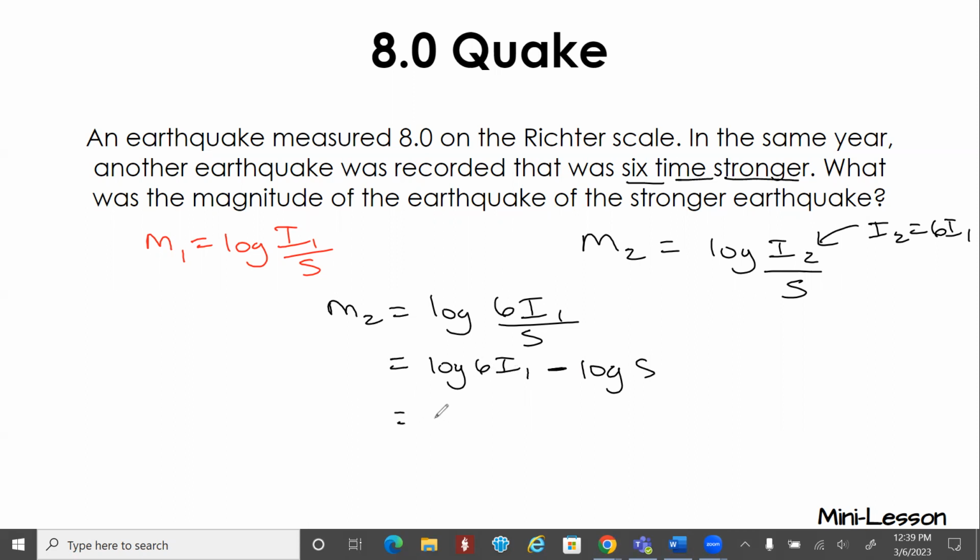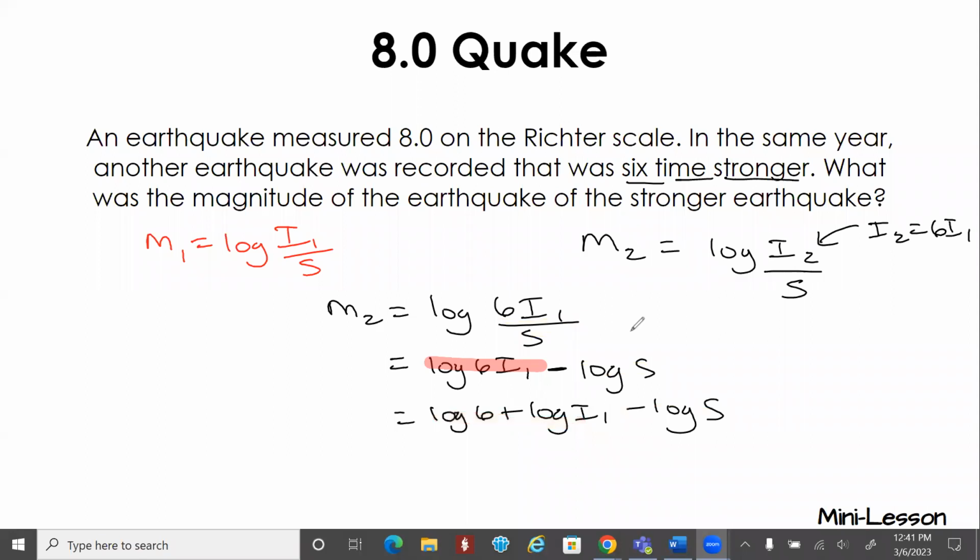So we'll have log of 6 plus log of I sub 1 minus log of S. Now since we have that, this log of I sub 1 minus log of S is going to turn into log of 6 plus, we're going to put these two pieces back together.